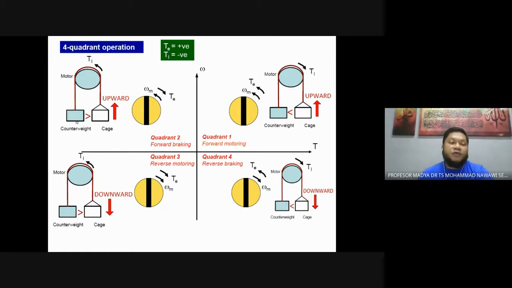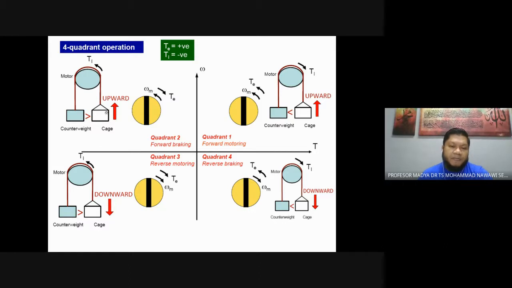That's where the counterweight is greater than the cage, and now we can see the rotation of the motor is in that direction. Now we want to do some braking. We want to slow down the cage.